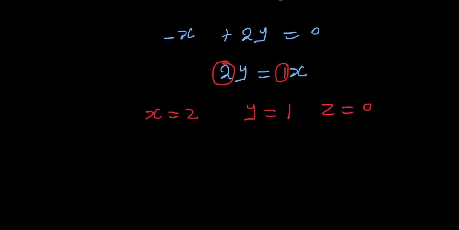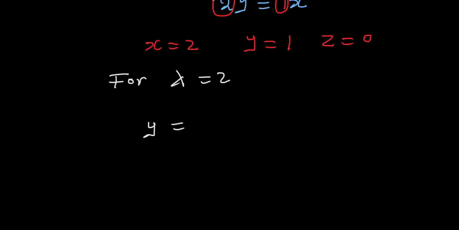So for lambda equals 2, the vector will be 2, 1, and 0. This is the eigenvector that corresponds to lambda equals 2. Now, let's move on to the next one.